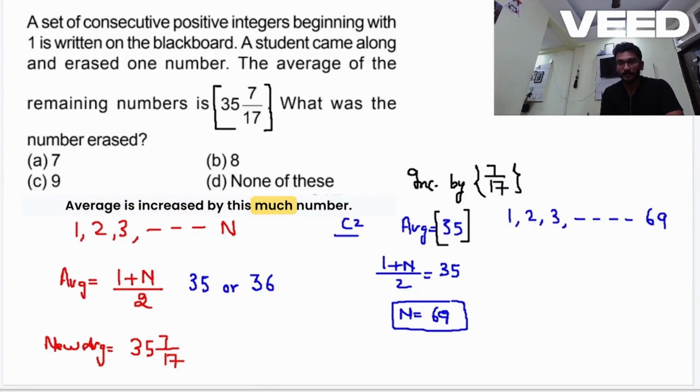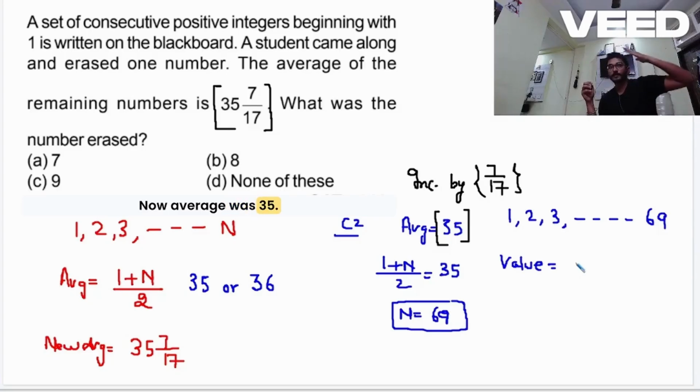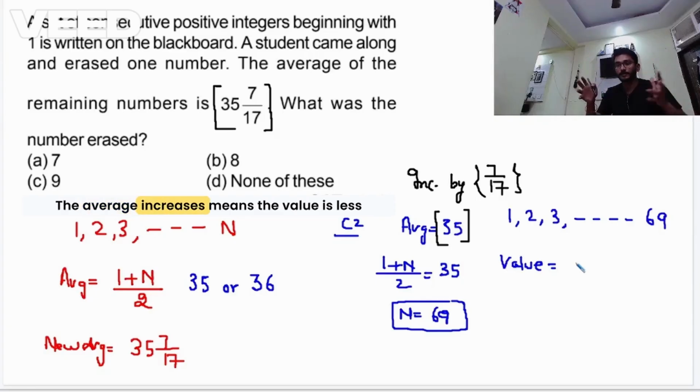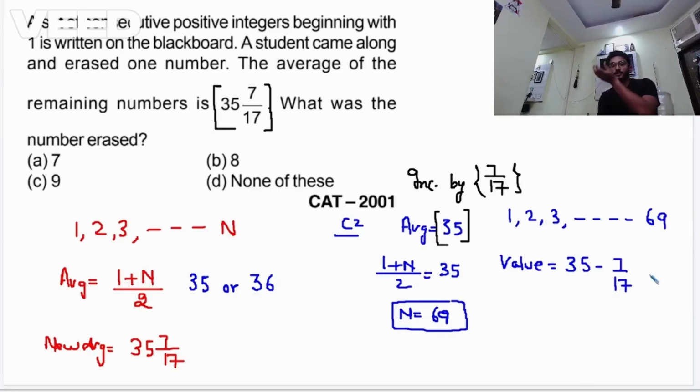The average is increased by this much. So what was the value of the number which was erased? The average was 35 and it became 35 7 by 17. It increases. The average increases means the value is less than the average. So 35 less how much? 7 by 17.